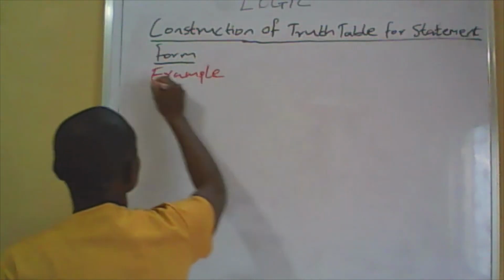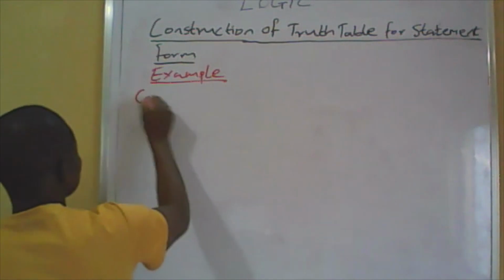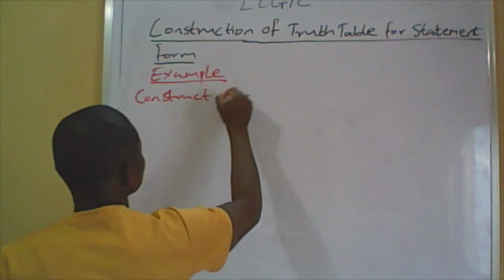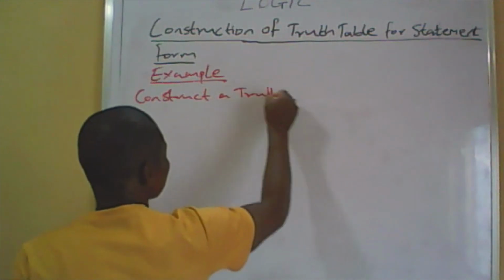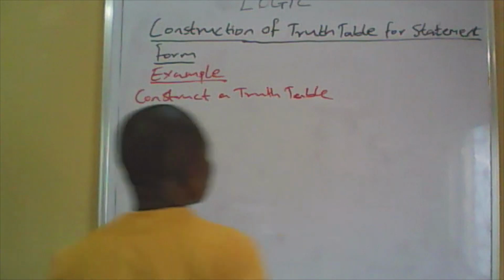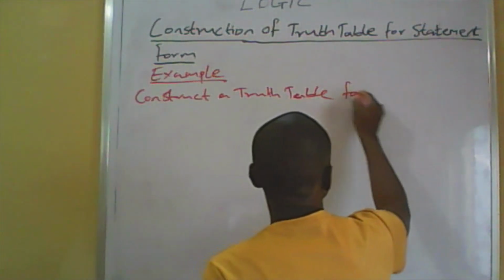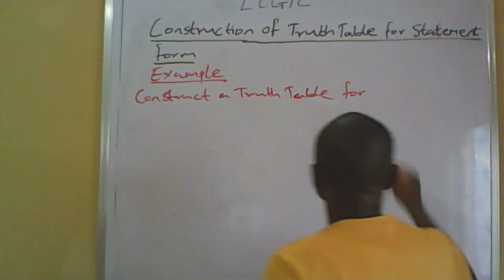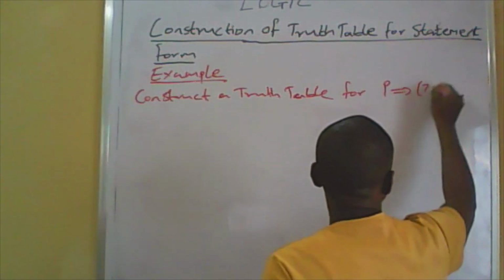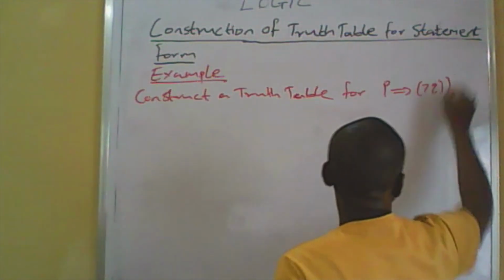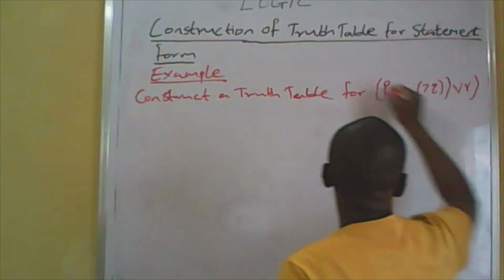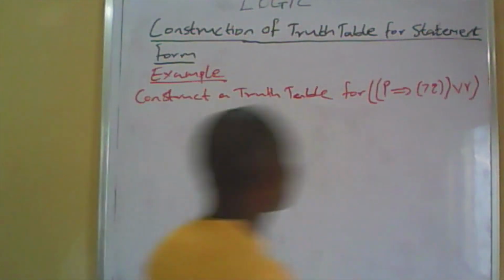Example: construct a truth table for P implies not Q or R. So this is a statement form.